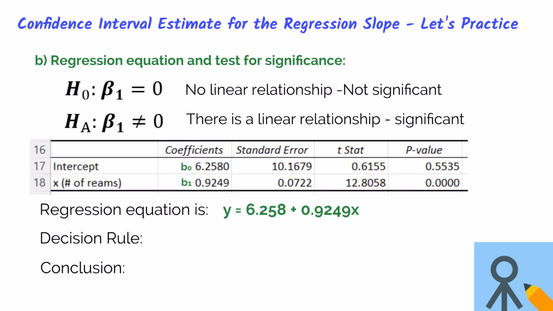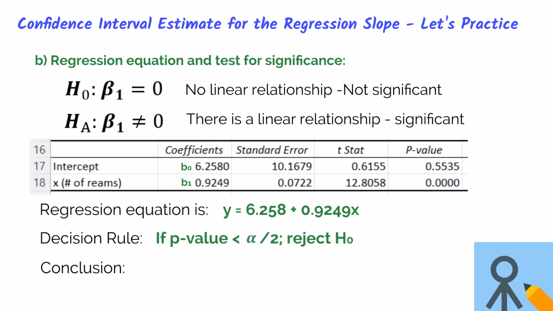So we can write the regression equation as y equals 6.258 plus 0.9249 times the independent variable x. For every 1 ream counted, the y dependent variable, or the number of minutes, increases by 0.9249 minutes.